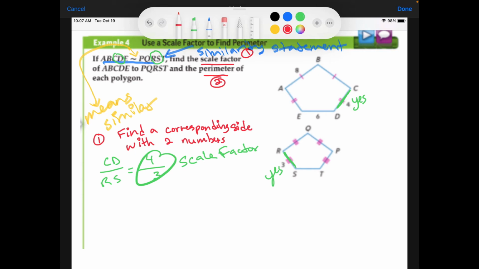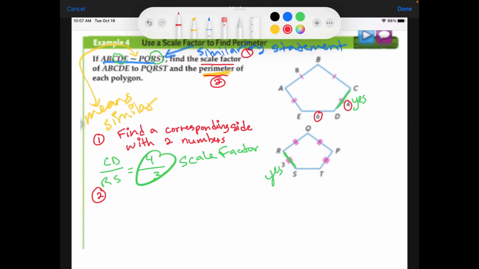So step 2, we've got to find their perimeters. Now, perimeter is just the measure all the way around, right? All the way around the shape. Well, I can figure out the perimeter of this larger shape because they gave me the measure of this side, which was 4.